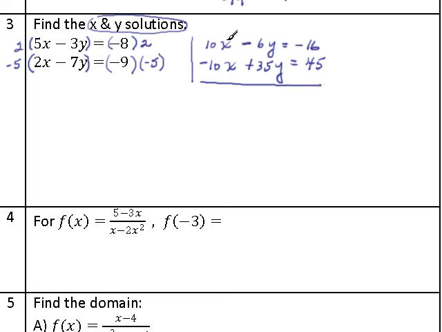Okay, now add the columns together, add the two equations. These cancel. And here we have 29y is equal to 29. And now just divide by 29 both sides. And we have that y is equal to 1.